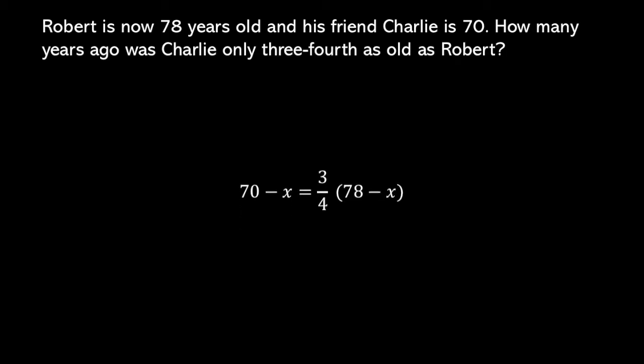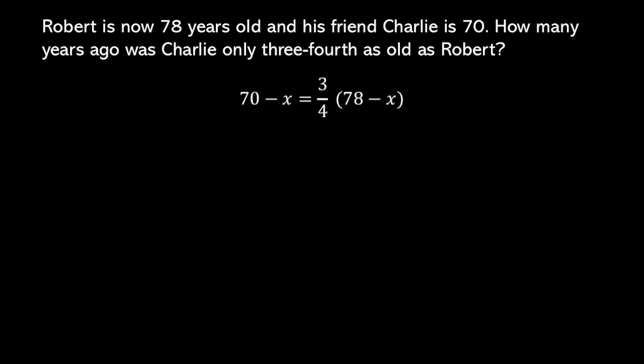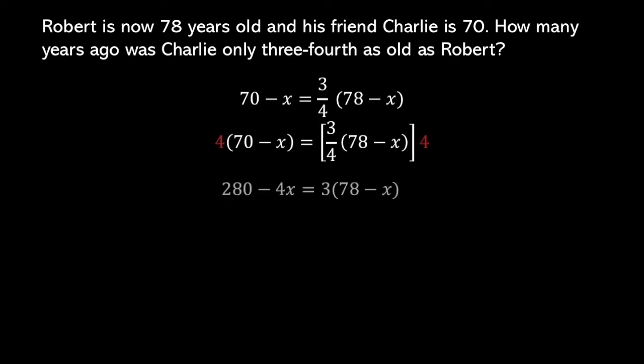To simplify, we multiply both sides by 4. We get 280 minus 4x equals 3 times (78 minus x). Distributing 3 to 78 and negative x, we get 280 minus 4x equals 234 minus 3x.